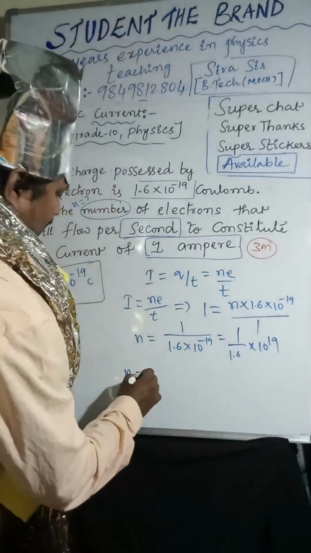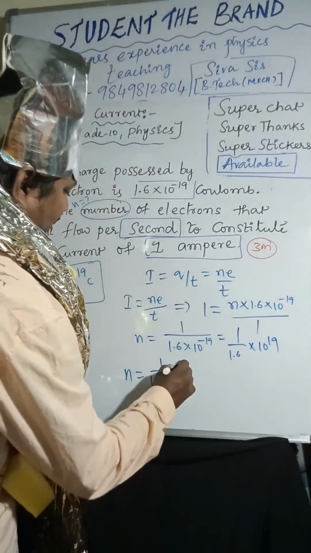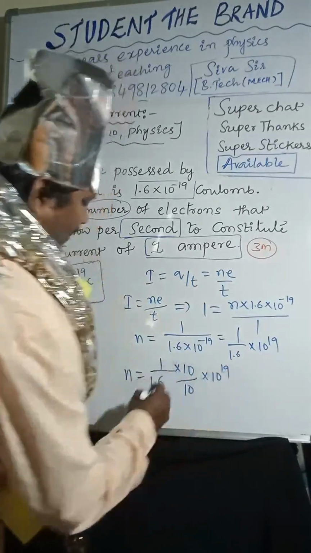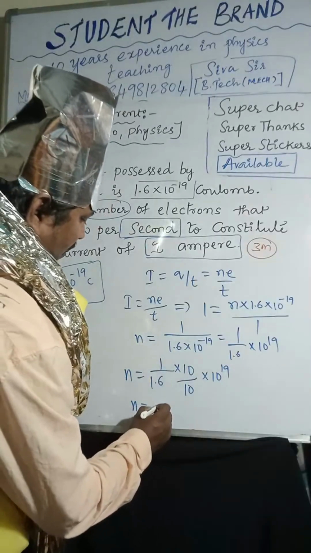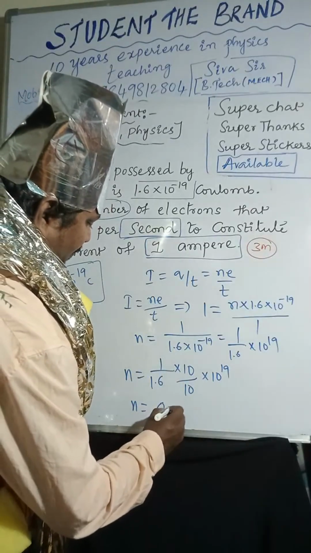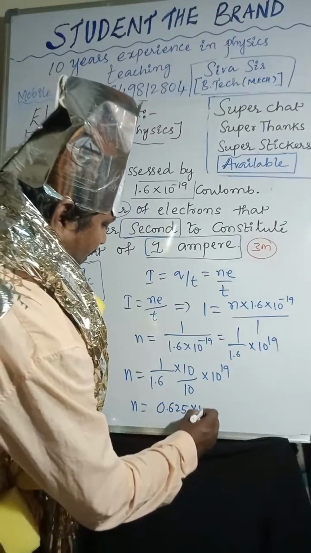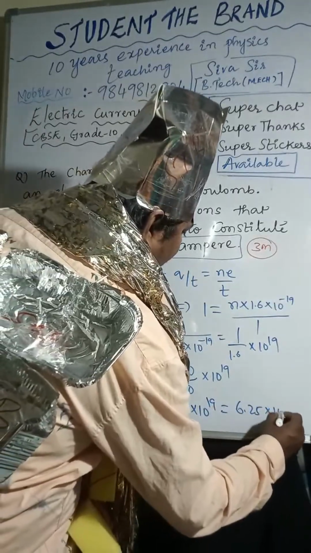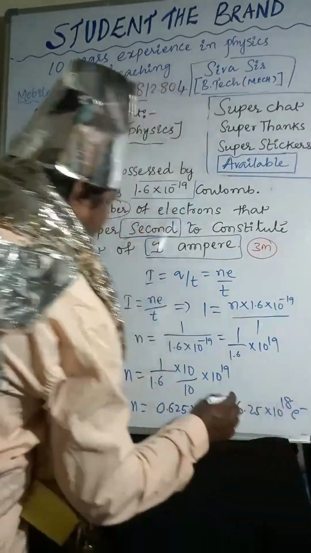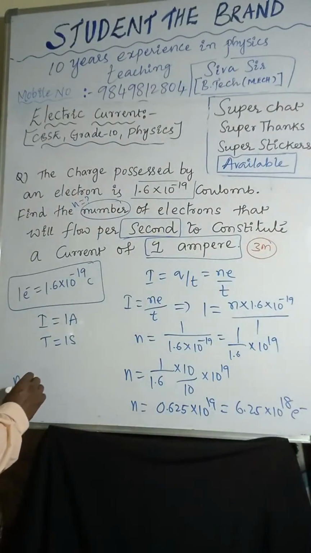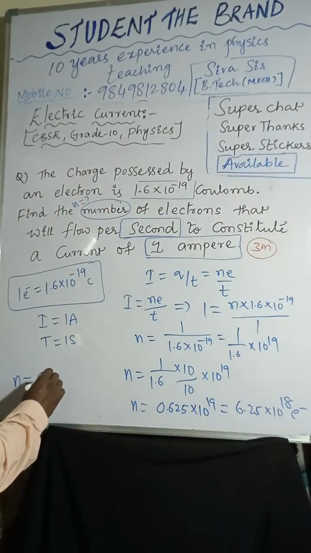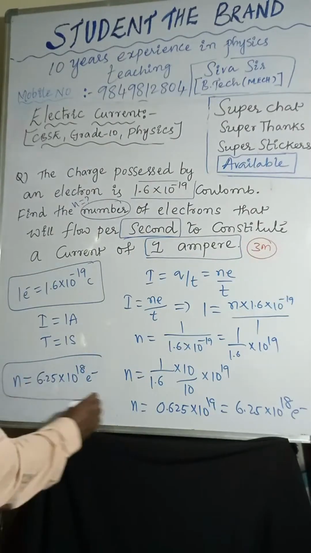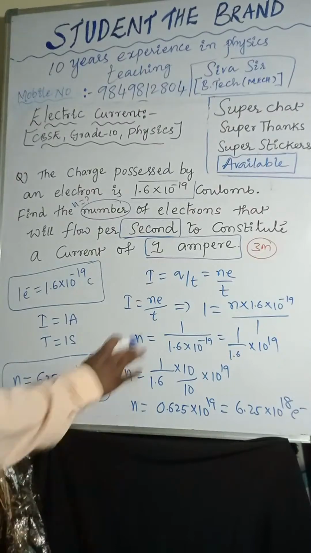Then n equal to 0.625 into 10 power 19, so you'll get 6.25 into 10 power 18 electrons. So this is the answer.